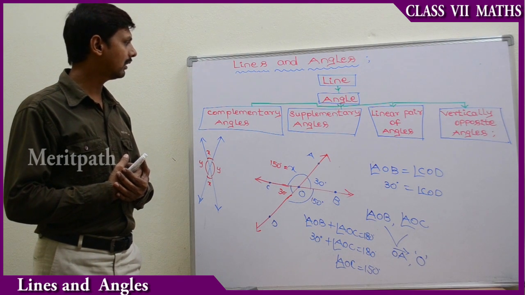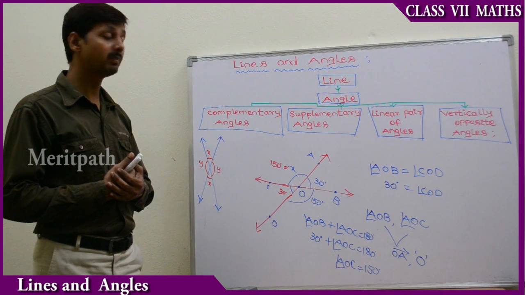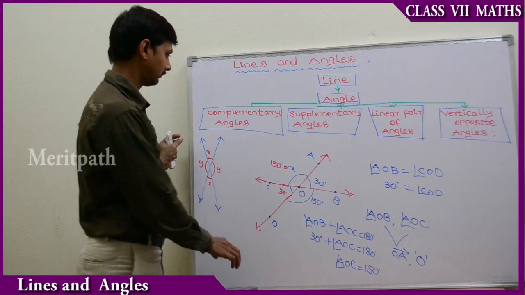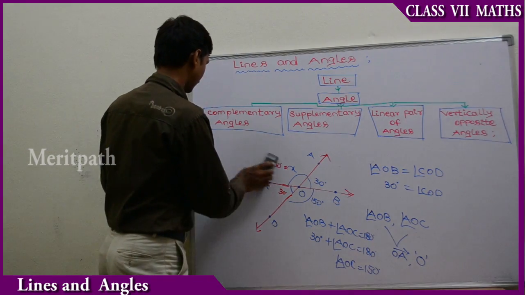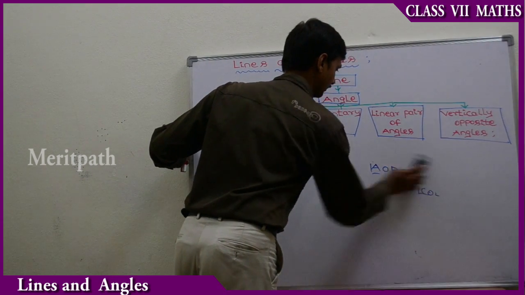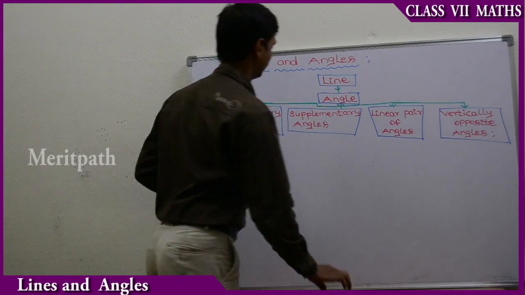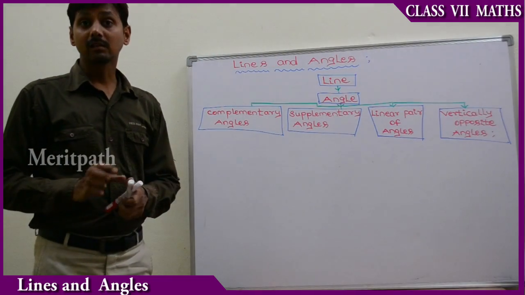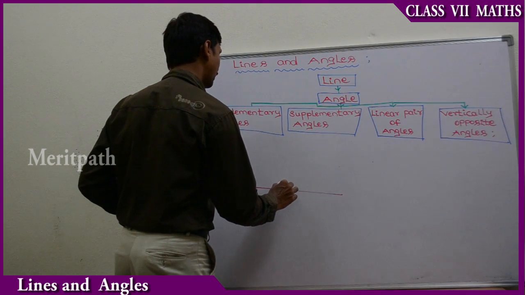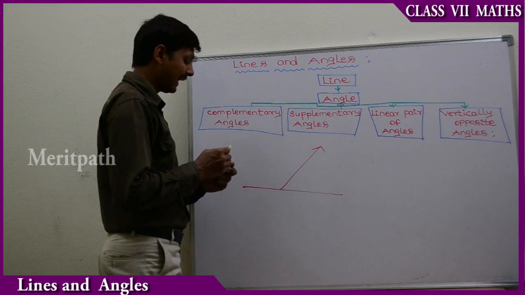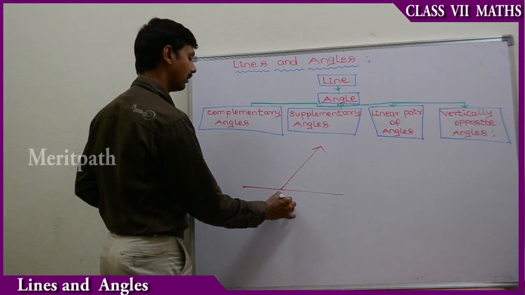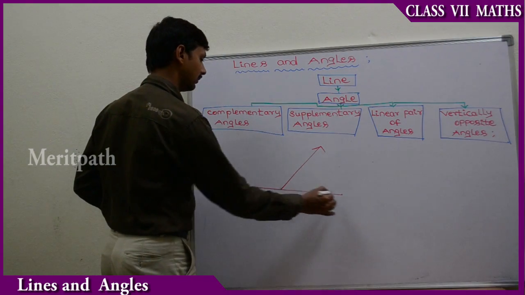Let's go to complementary angles and supplementary angles. As we know, the linear pair: if we add two angles and we get 180 degrees, we call it a straight angle, a straight line.